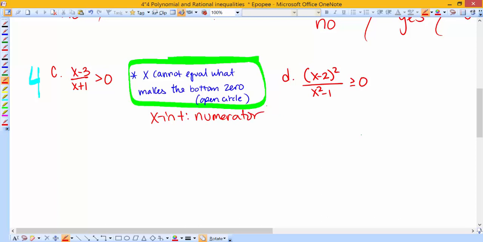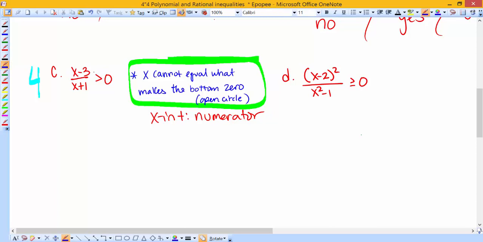So please be careful when you are solving for this. When you're solving for x, only look at the numerator. This is set to 0. I only need to focus on the numerator. I don't need to focus on anything else here.